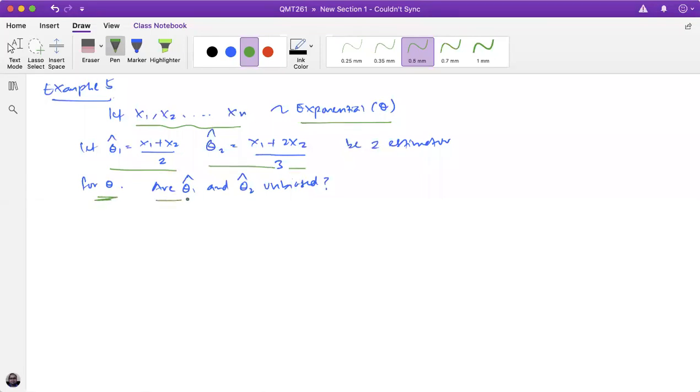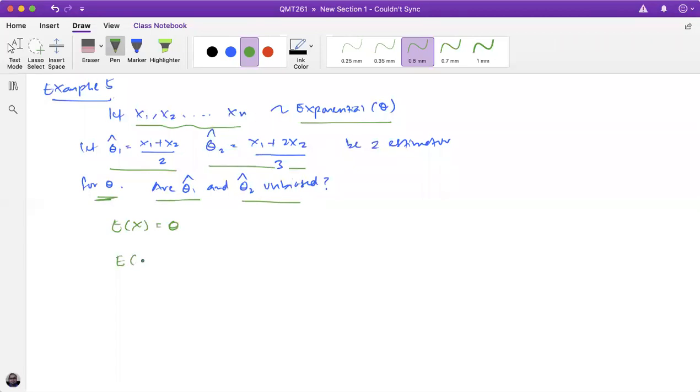So the question is, are theta hat 1 and theta hat 2 unbiased? Same as before, to know whether the estimator is unbiased, we need to take expected value. The expected value of x is equal to theta for exponential distribution.